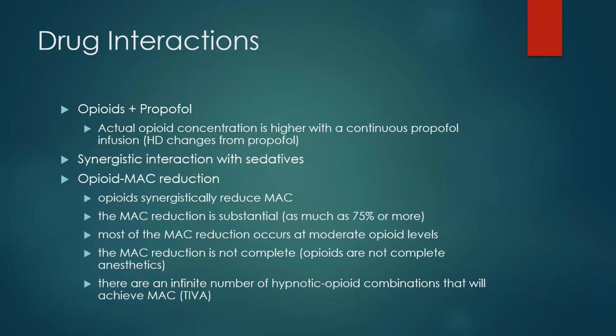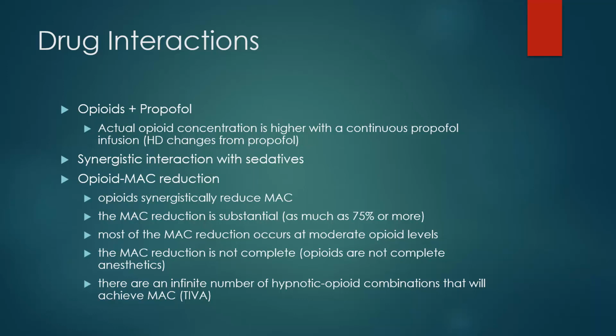You've seen this. Propofol decreases your preload because of venodilation and maybe a little SVR. This results in opioid concentrations that are higher than when you give opioids without giving propofol. The most important pharmacodynamic interaction here is when you combine the opioids with other sedatives.